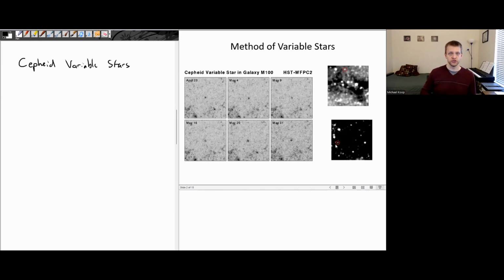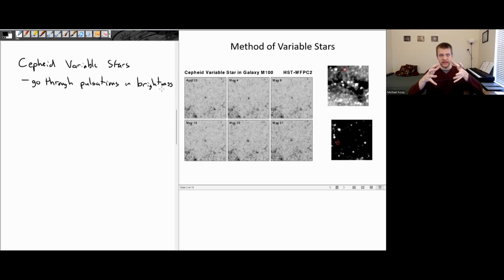They'll go through these pulsations. And these stars are actually significantly changing their size. They are definitely unstable. They're not in gravitational equilibrium.